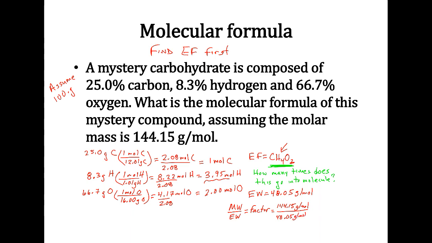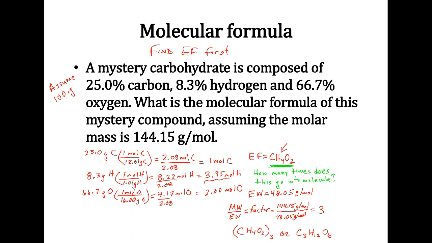And that gives us a factor of 3. Okay? So what that means is we are going to take our empirical formula, CH4O2, and multiply it by 3. So you could write it like this, or you could distribute and say C3H12O6.